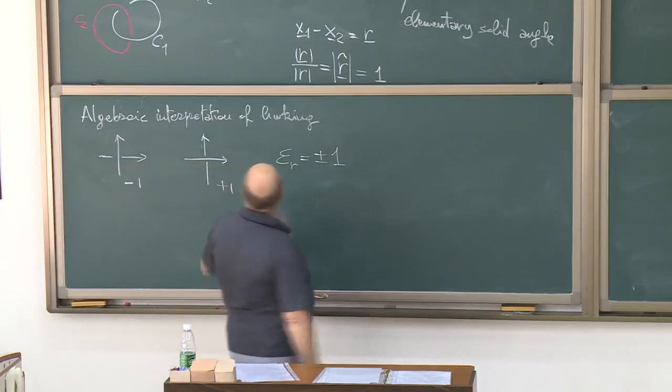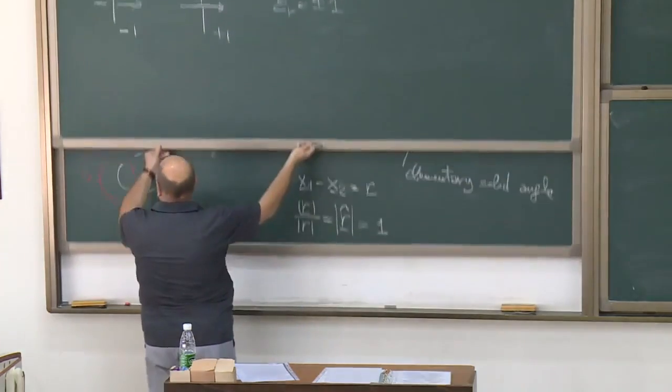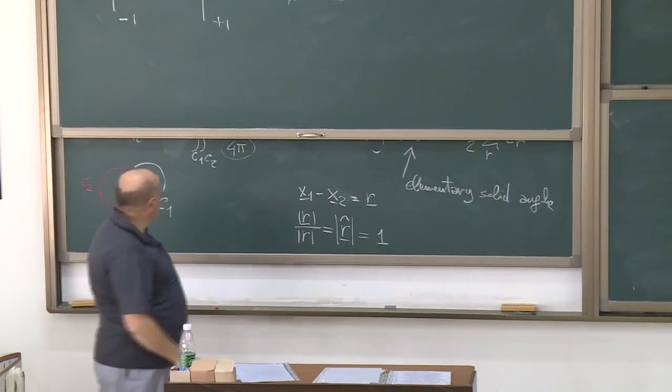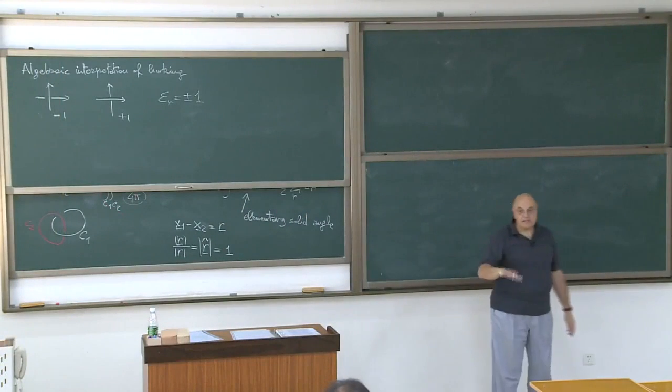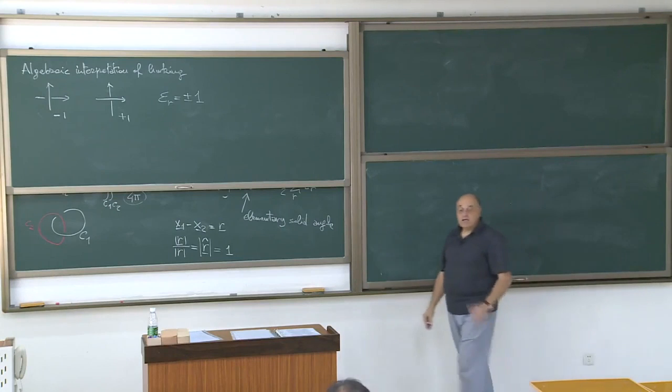And then what you do, you take your link and you project it on a diagram. And now I know what you're thinking, because you're thinking, oh, well, it depends on the projection. I can project it this way or the other way, etc., etc. Yes, it's true.